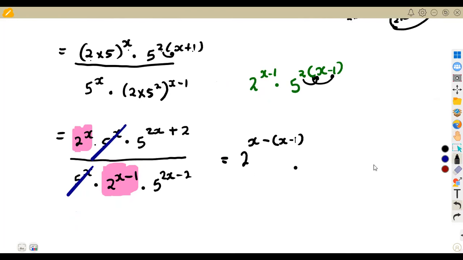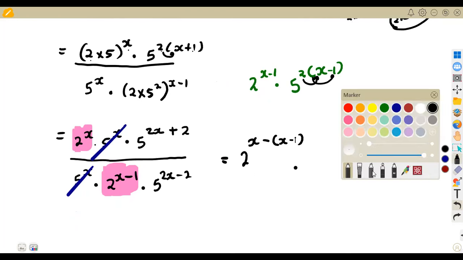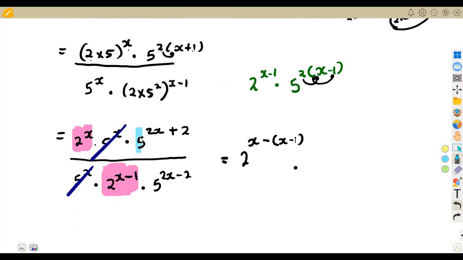The same thing: there is a 5 to the exponent of 2x plus 2 that we are given on top, and there is a 5 to the exponent of 2x minus 2 that we are given in the denominator. The 5 to the exponent of x parts, we cancel because they are the same. These ones are not the same: this is 2x plus 2 and this is 2x minus 2. They are not the same, but the bases are the same.